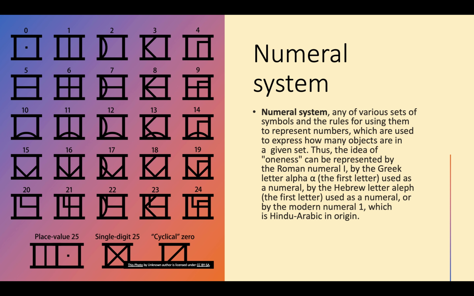Thus, the idea of oneness can be represented by the Roman numeral I, by the Greek letter alpha, the first letter used as a numeral, by the Hebrew letter aleph, the first letter used as a numeral, or by the modern numeral 1, which is Hindu-Arabic in origin. Here is the picture attached of a numeral system on the left hand side.